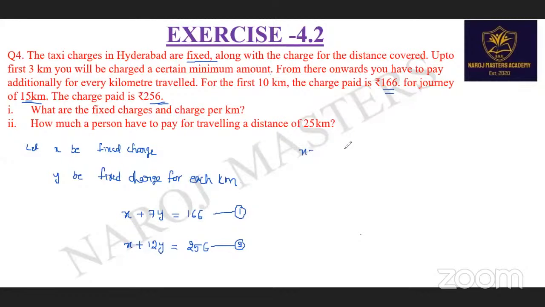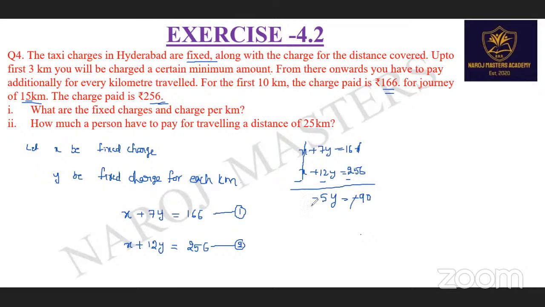x plus 7y is equal to 166. x plus 12y is equal to 256. So this is minus, minus, and this is also minus. x minus x gets cancelled. 7y minus 12y means this is minus 5y is equal to 166 minus 256, which is minus 90.